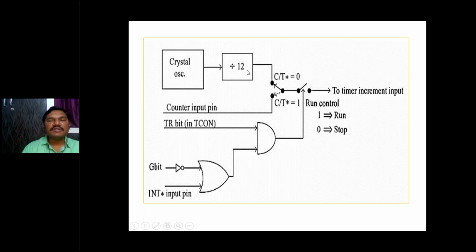We know that one machine cycle is equal to 12 clock pulses, so it is divided by 12 to get 1 microsecond, or 1 megahertz of frequency.